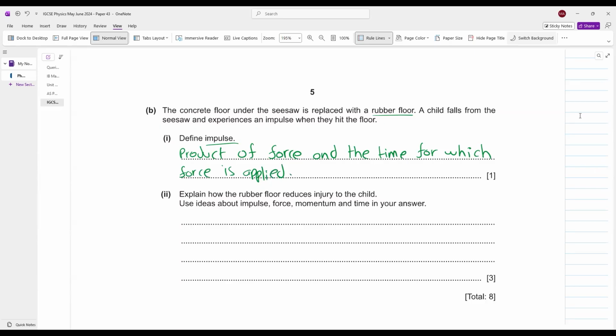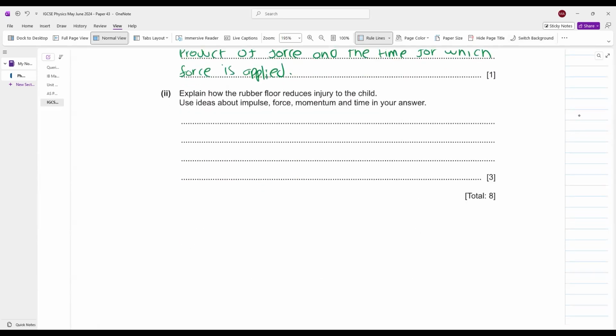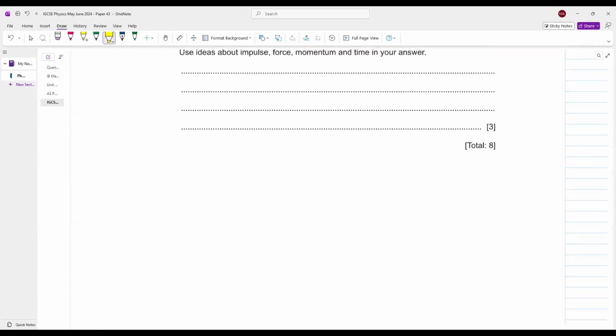Explain how the rubber floor reduces injury to the child. Use ideas about impulse, force, momentum and time in your answer. Look, let's create some floors.